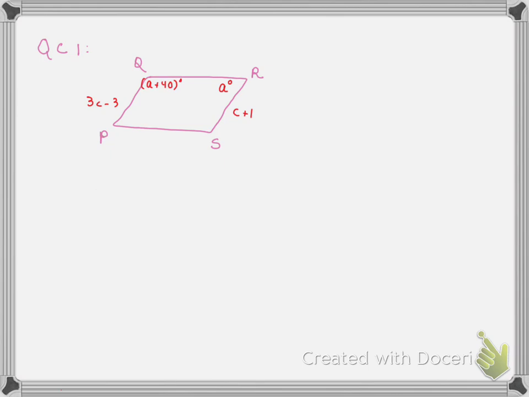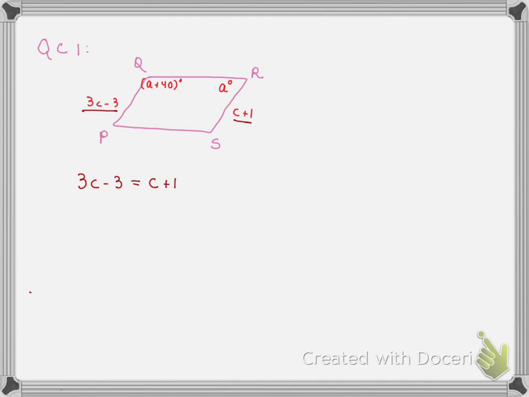That would be this angle and this angle. They have to be congruent. We'll talk about that in a second. And also, opposite sides have to be congruent. Well, that part is easy. Opposite sides, 3C minus 3 is equal to C plus 1.